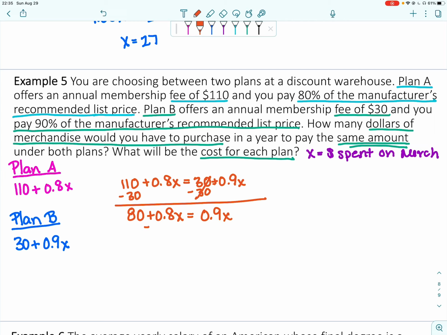And then I can subtract 0.8x from both sides. So this goes away, and I still get to stay in the world of positive numbers. 0.9 minus 0.8 leaves me with 0.1x.